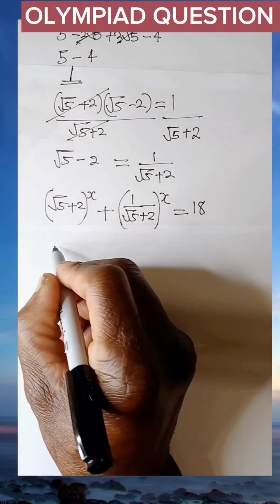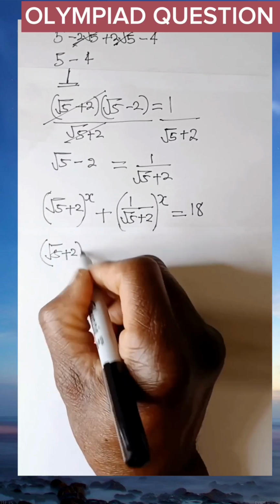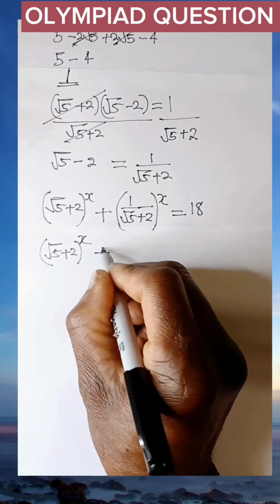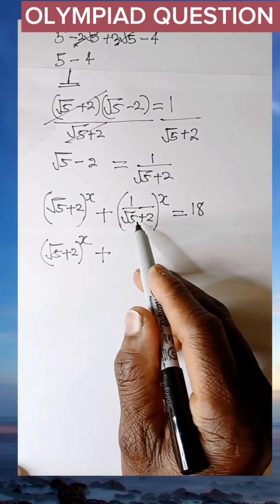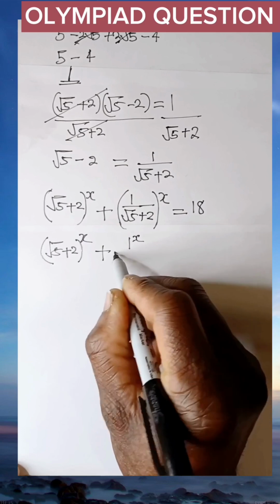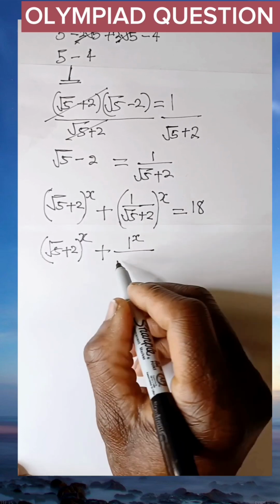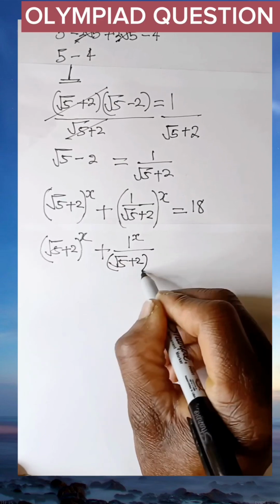So we have (√5 + 2)^x plus, let us distribute this power of x to the numerator and the denominator. In the numerator, we will have 1 raised to the power of x divided by, in the denominator, we will have (√5 + 2)^x.